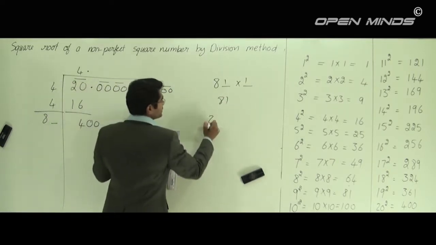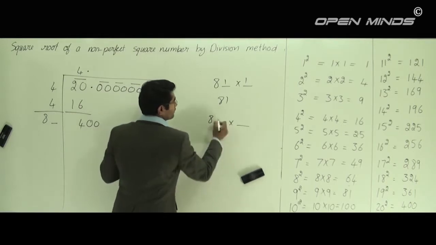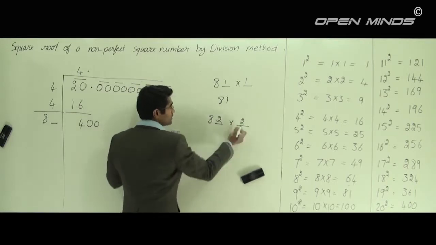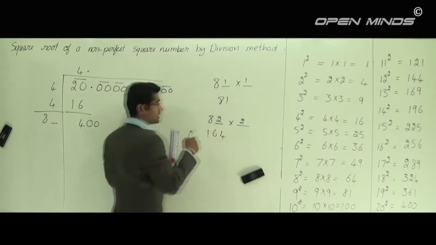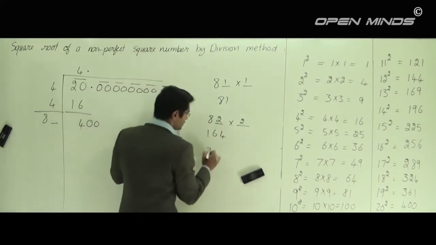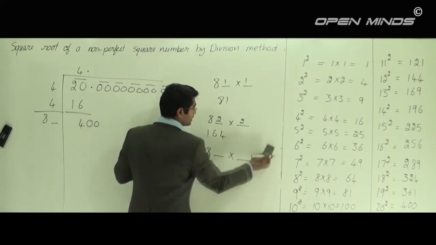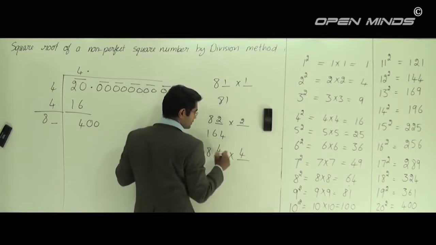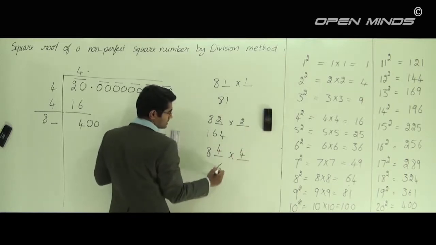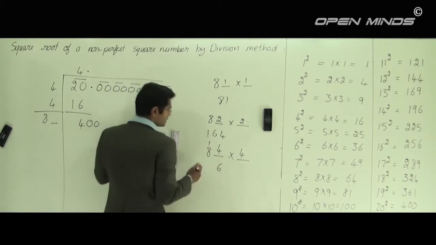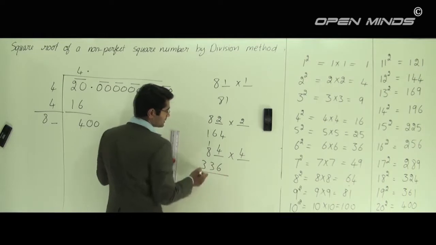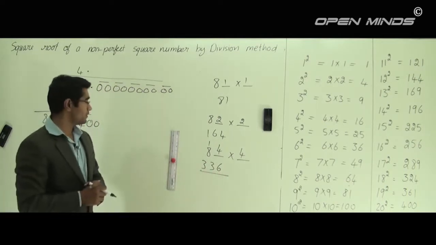So let's go with the next trial. With 80, if I try 2 here and 2 here, it's 4 and that is 16. Again a small one. So let's try 4 this time. 4 into 4 is 16, 6 and carry 1, and 4 into 8 is 32 and 1 is 33, so 336. Good enough.